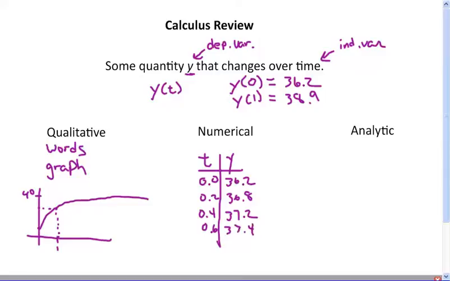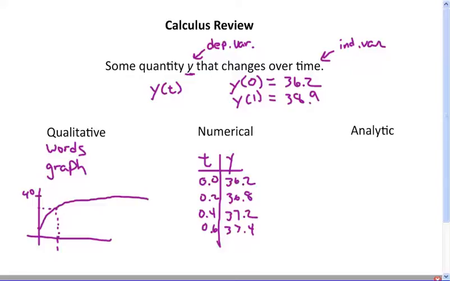Now this is precise in that you know what y is at specific times. Of course, it's still not the best possible situation because you don't know what y is at the in-between times. You don't know what y is before the beginning of the table or after the end of the table. Every table, of course, would only have a finite number of numbers in it. So for the ones that are there, that's very precise, but it's not complete information.